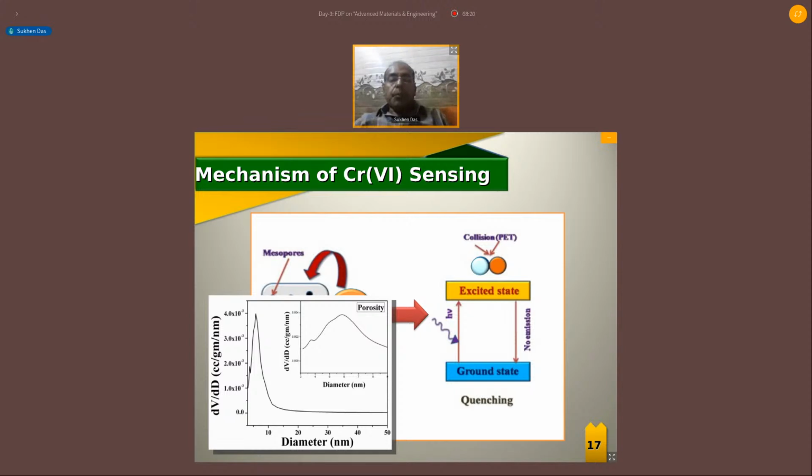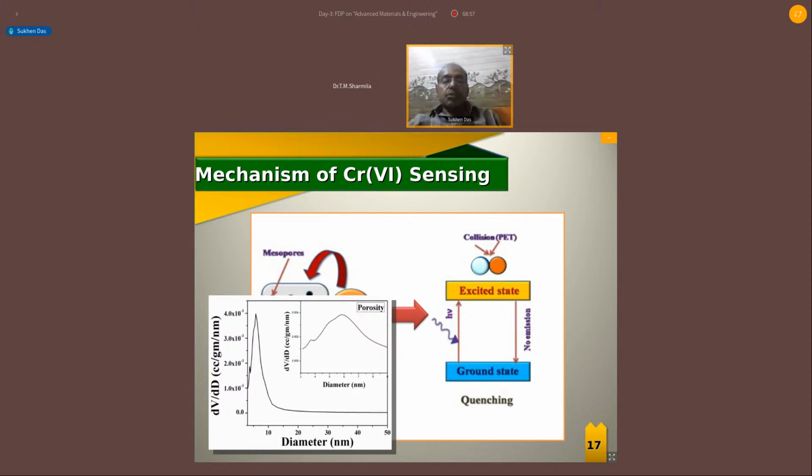But whenever we add some chromium there, what happens? Chromium has a polarity, so it blocks the surface of the boehmite. Also, it can go inside the different layers of the boehmite particle. In the presence of 370 nanometer UV light, the charged particle goes to the excited state, but in that excited state it transfers its energy to the chromium-6.